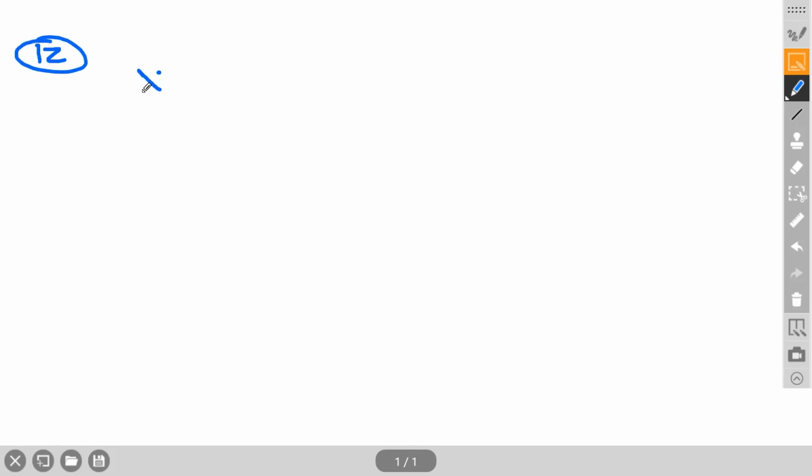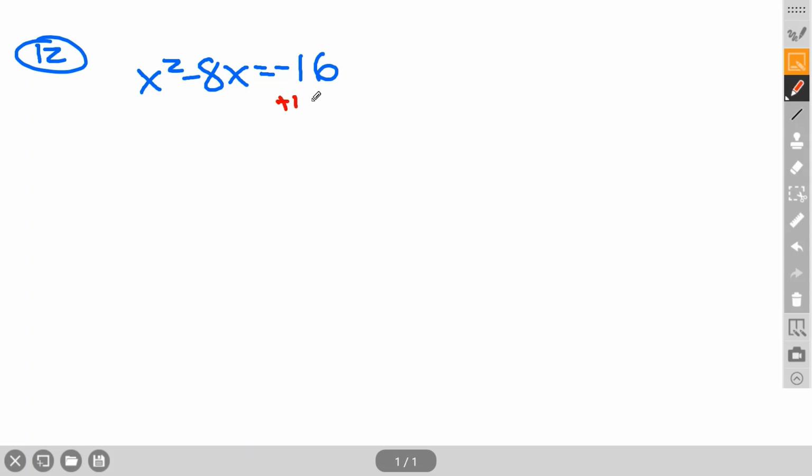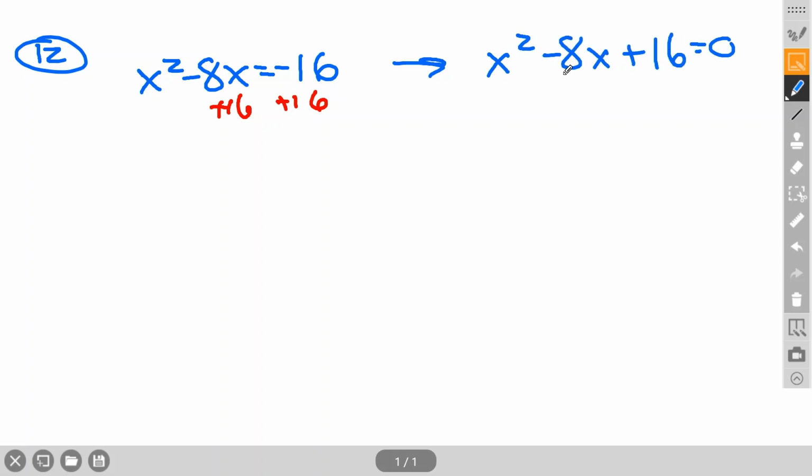12, x squared minus 8x equals negative 16. Move the 16 to the other side. x squared minus 8x plus 16 equals 0. You should at this point recognize that this is a perfect square trinomial.